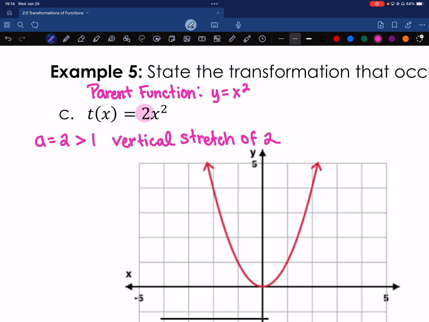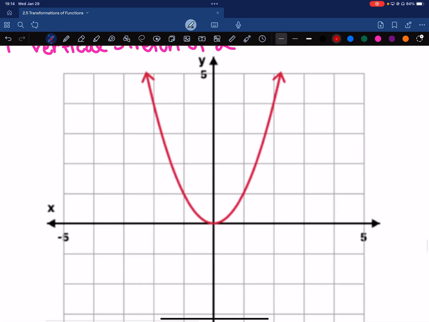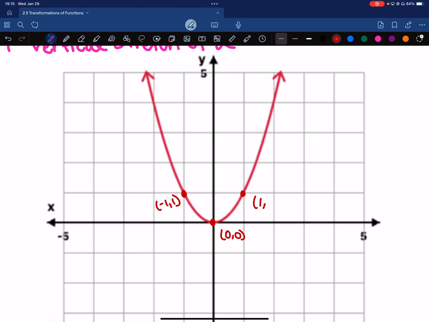Okay, so on this first function, we have our parent function here. We have our original, so it starts at (0, 0), and then we have (-1, 1) and (1, 1). A vertical stretch only affects the y values.